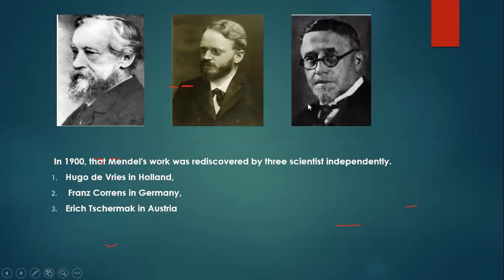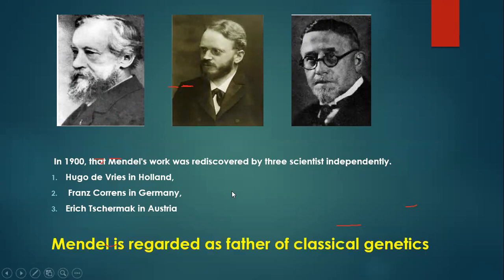So 16 years after his death, his work was rediscovered by these three scientists, and Mendel was then regarded as the father of classical genetics, the first person who started the study of genetics, that is, heredity and variation.